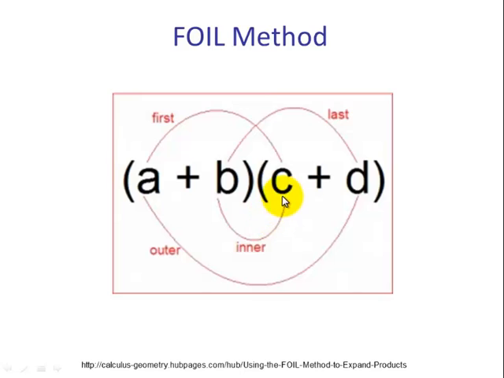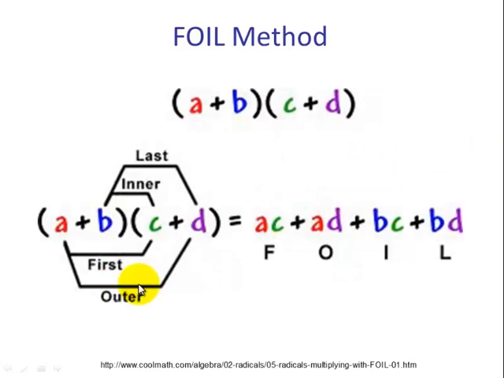The I is inner, so these two terms in between, and then L is last, the last variable b times the last variable in the second one, d. So first would be a times c, outer would be a times d, inner would be b times c, and then last would be b times d.